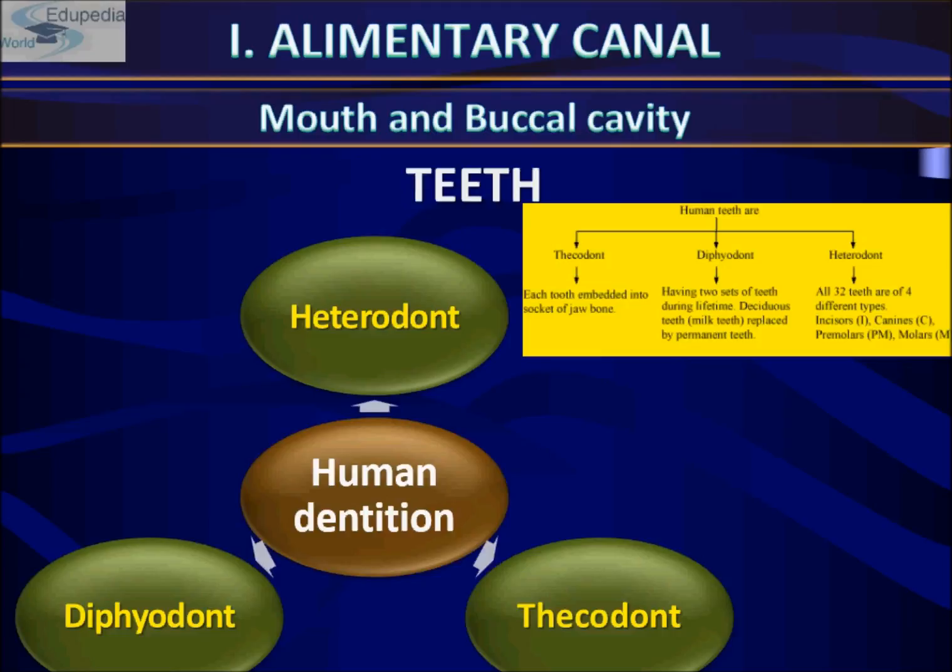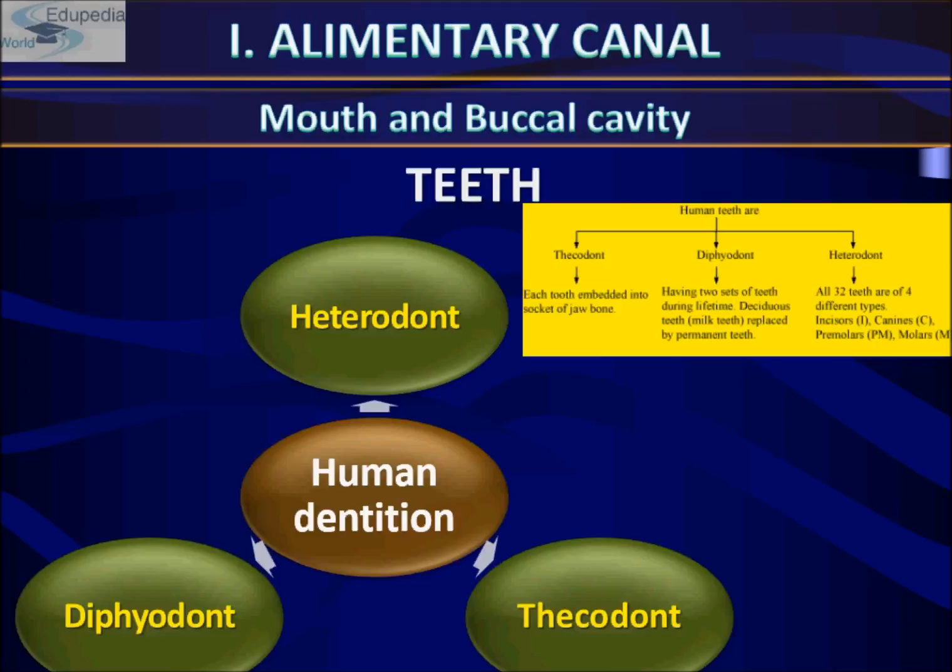An adult human has 32 permanent teeth, which are of four different types: incisors, canines, premolars, and molars. The arrangement of teeth in each half of the upper and lower jaw, in the order I for incisors, C for canines, PM for premolars, and M for molars, is represented by the dental formula, which in humans is 2123 upon 2123.